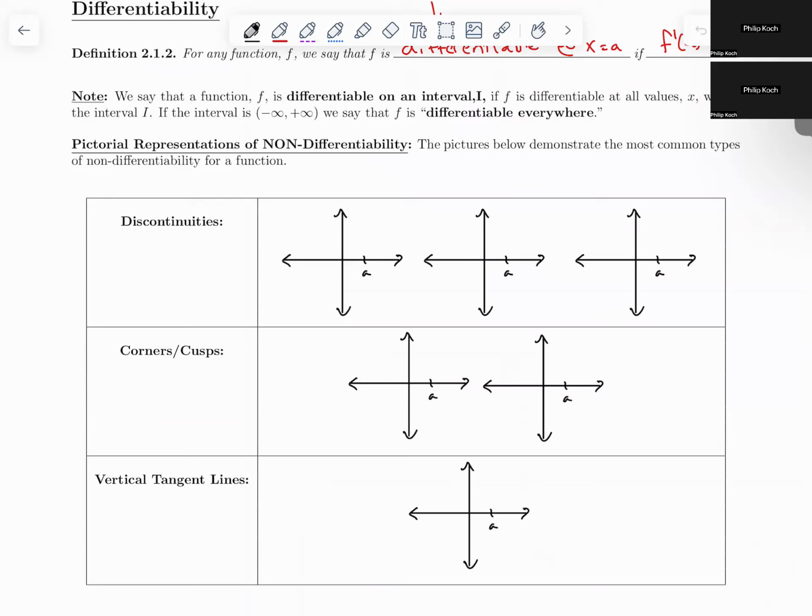Another such example would be something like that, with or without a point, it doesn't matter. And then also, remember, we have infinite discontinuities, so it could be something like this.